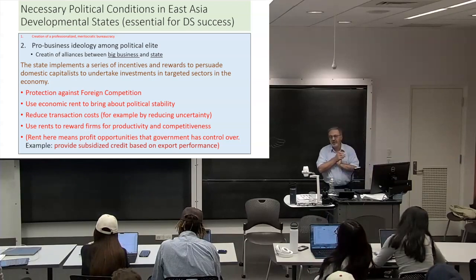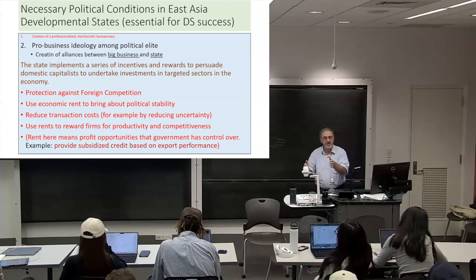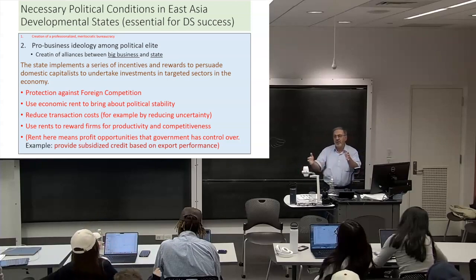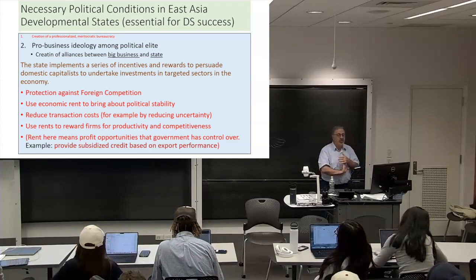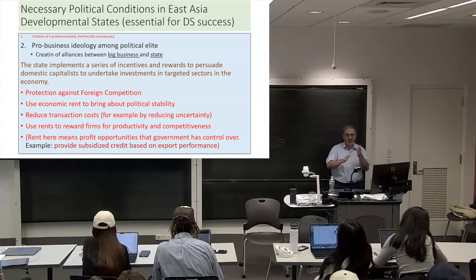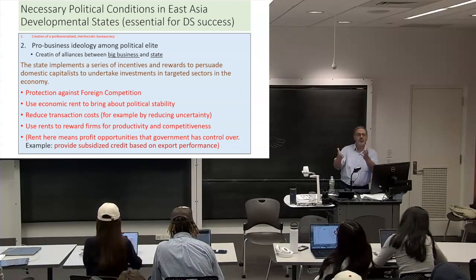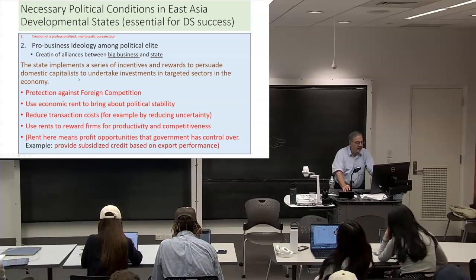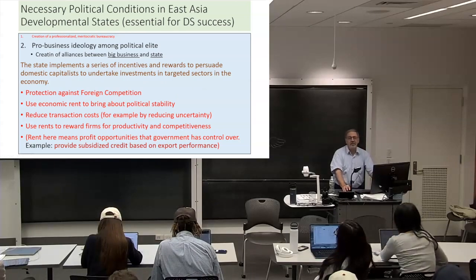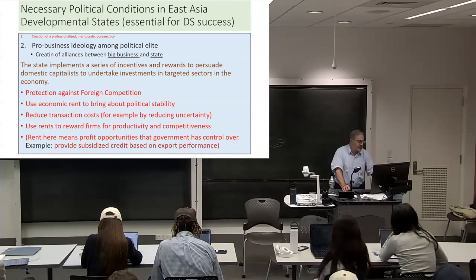So rather than government being in confrontation with business, the government becomes a partner in cooperation with business, because they share the same goal. For example, the targets of export promotion. So state implements a series of incentives and rewards to persuade domestic capitalists to invest in target industries, persuading, even if necessary, forcing them.